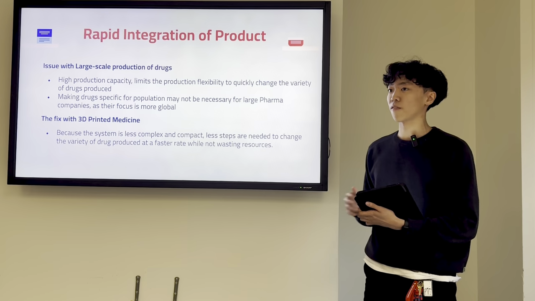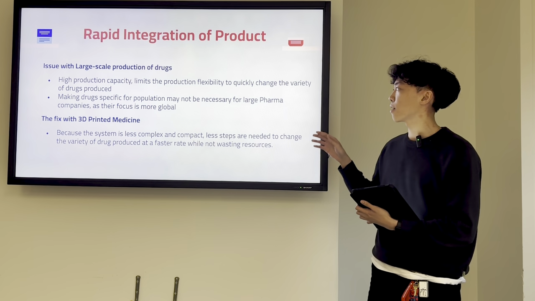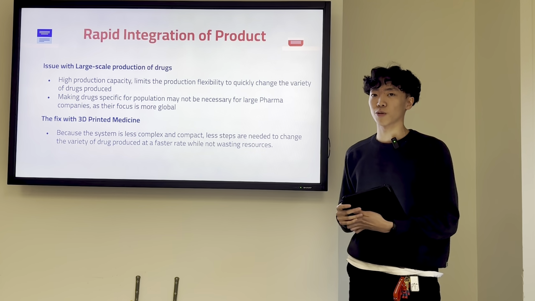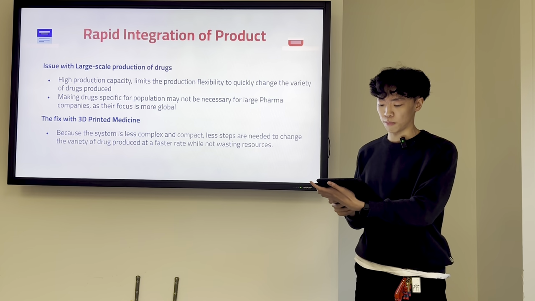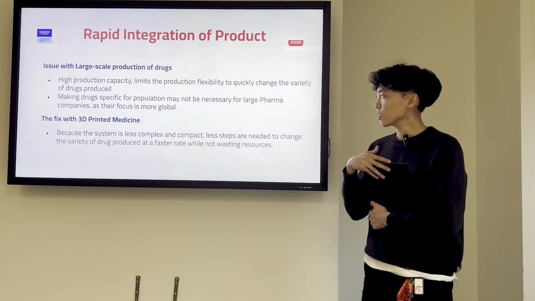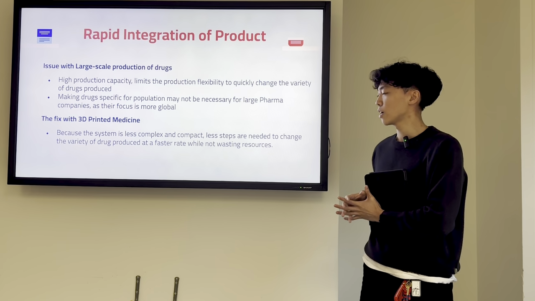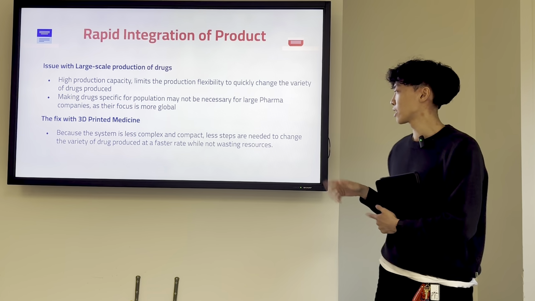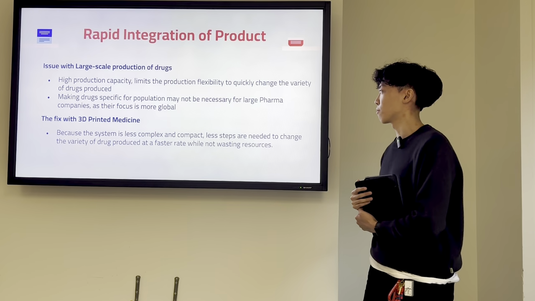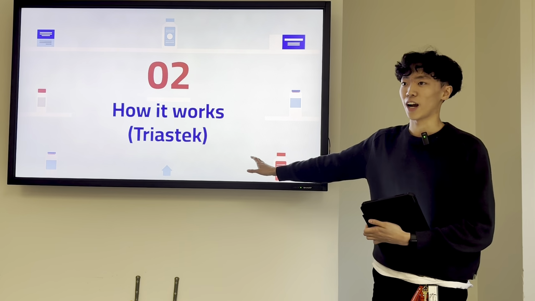That limits flexibility for certain populations, and making drugs specific for a population may not be worthwhile because it wastes a lot of resources if only a small group of people are going to use it. With 3D printed medicine, because the system is less complex and has a smaller form factor, fewer steps are needed to change the variety of drug produced at a faster rate, and it doesn't waste any resources. And I'm going to discuss how it works using TriStack.